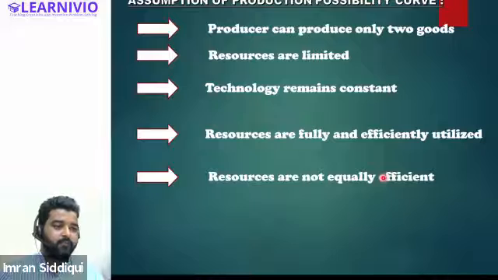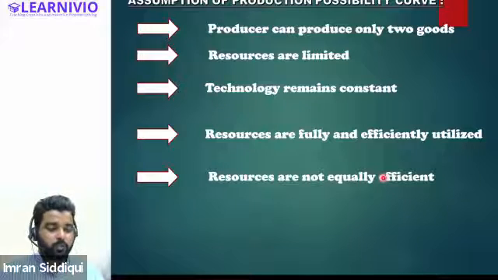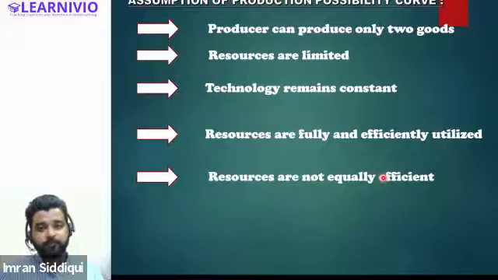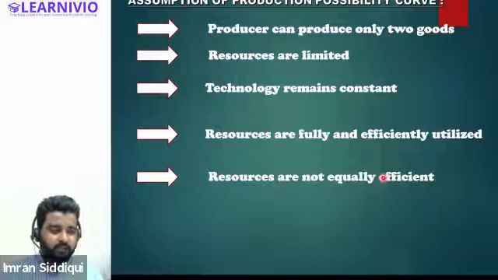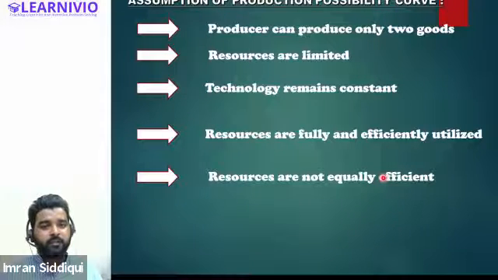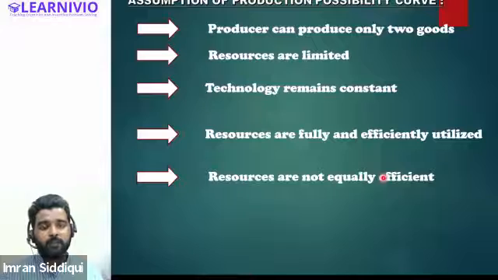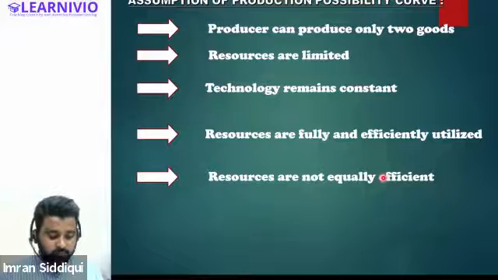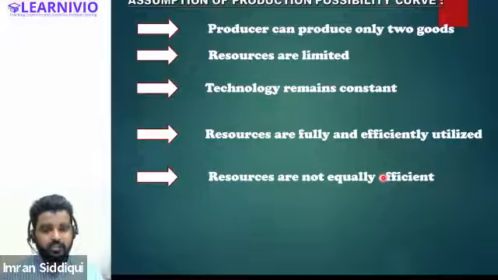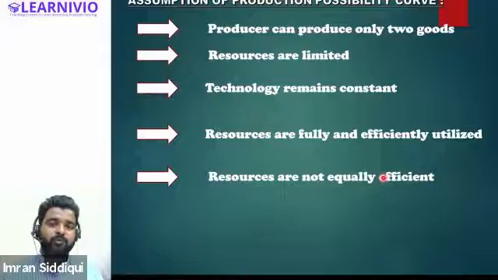Say for example, a producer is producing 2 commodities, a laptop and a mobile phone, and currently the producer is using all of his resources for the production of laptops only. He is allocating all the labor to the production of laptops only. But recently the market trend changes, and now there is more demand for mobile phones in the market.